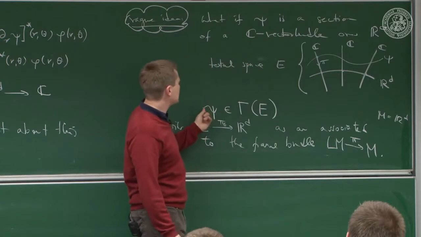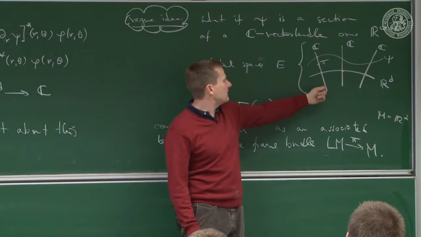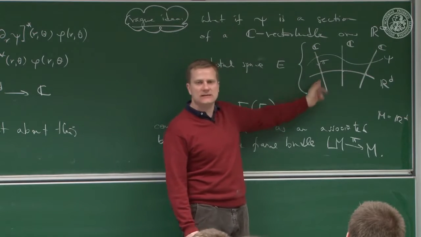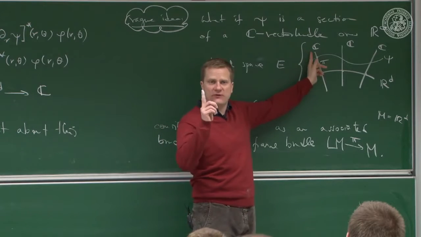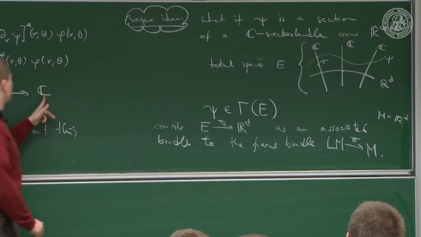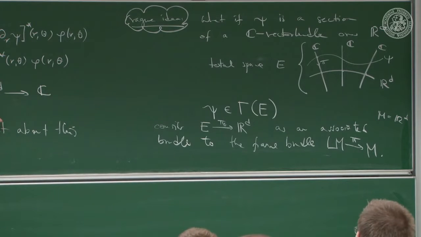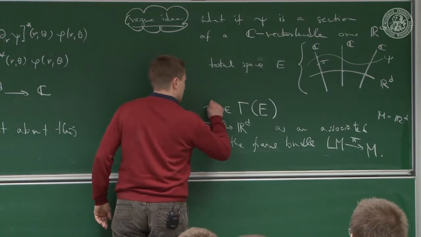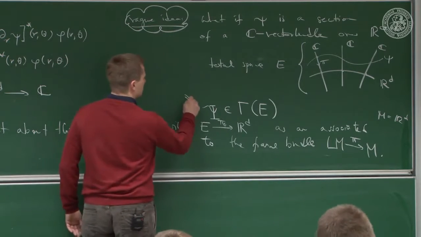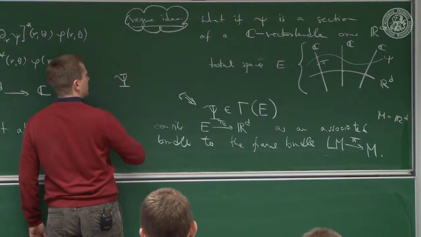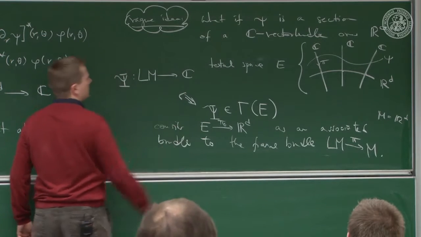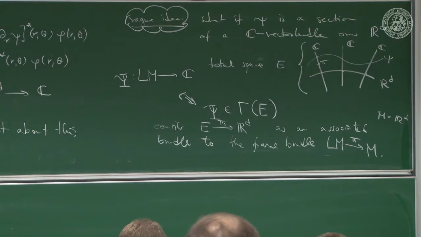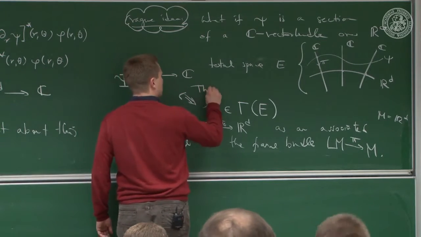So saying that psi is a section of this associated bundle with fiber C is the transition to saying psi is a complex valued function once again, but not on this space. So let's say the section is shown like this, but not on this space, but it can be represented as a complex valued function, but on the total space of the associated principal bundle. Okay? So remember, we had a theorem to that effect.